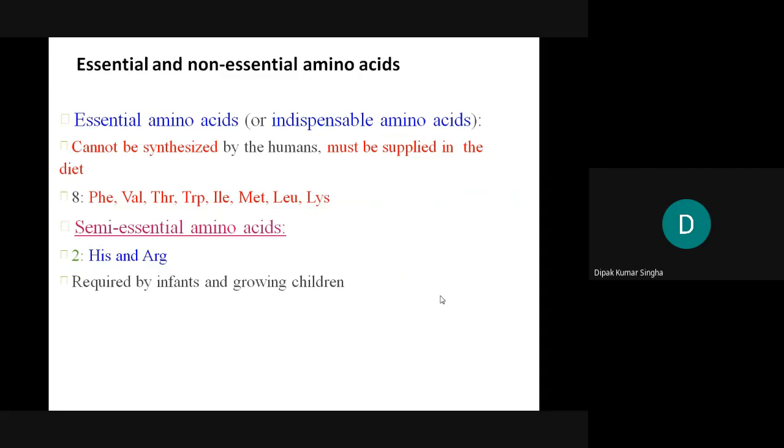The 20 amino acids are classified into two groups: one is essential, another is non-essential.